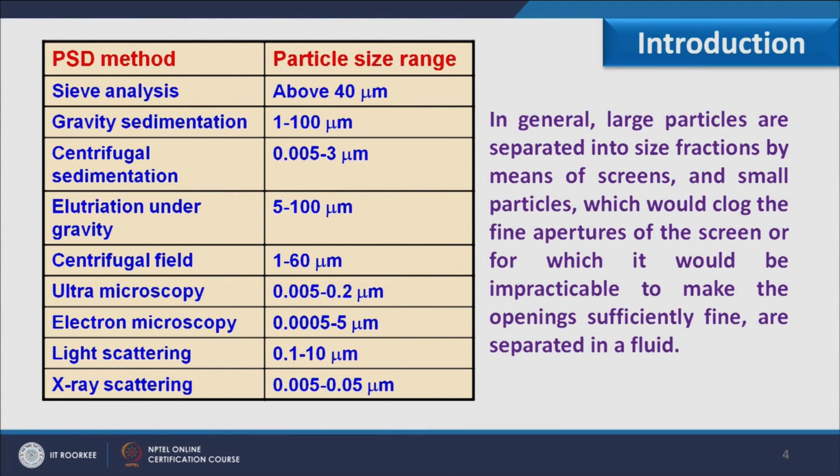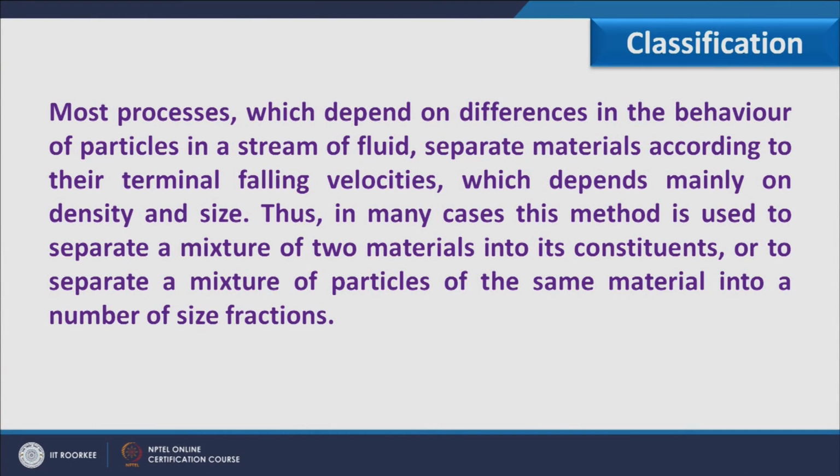So, the basic point is that when we have to separate fine particles into different sizes according to their size as well as density, then fluid should be incorporated. Most processes which depend on differences in the behavior of particles in a stream of fluid separate materials according to their terminal falling velocities, or terminal settling velocities, which depend mainly on density as well as size.